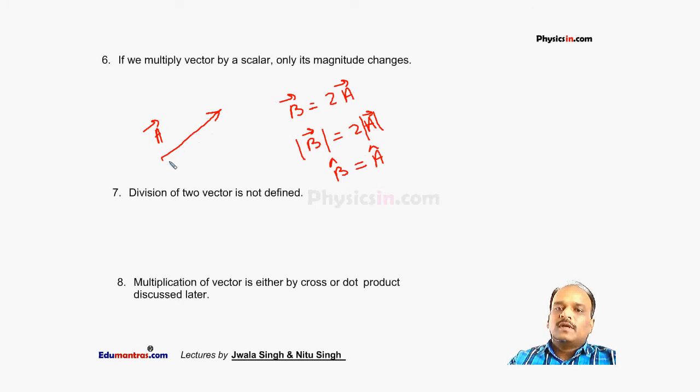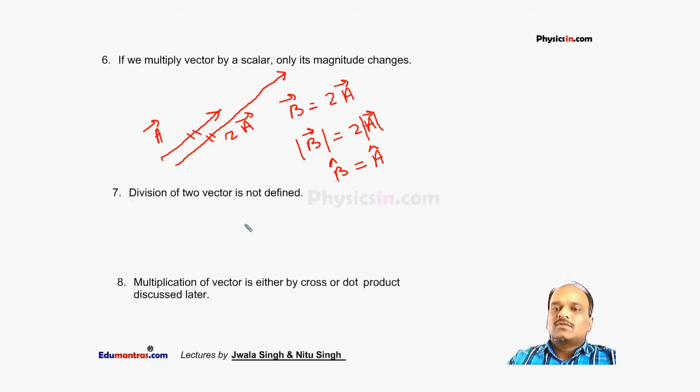So if we multiply a vector by 2, it becomes of double length. This is 2 times vector A. Its length will be double, but its direction will remain same. This is the meaning of multiplication of a vector by a scalar. The magnitude increases or decreases, whereas the unit vector will remain same.